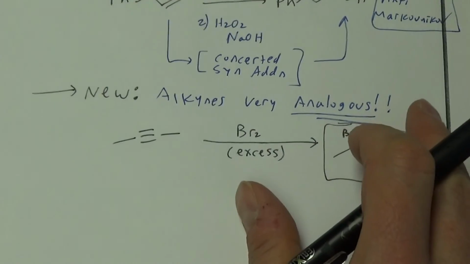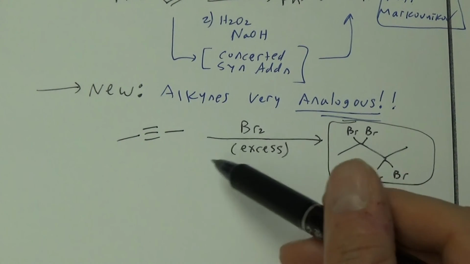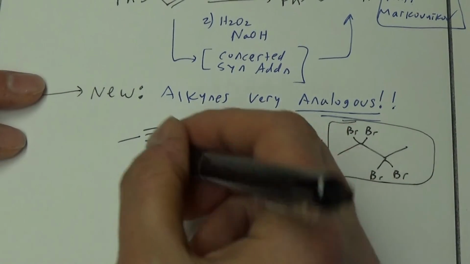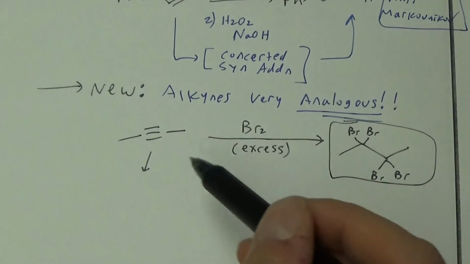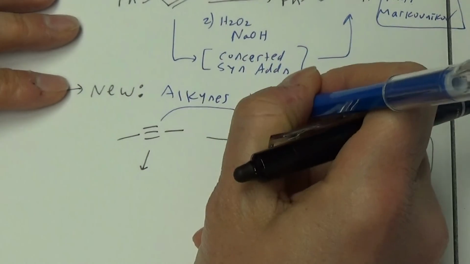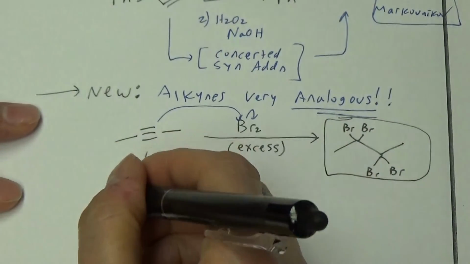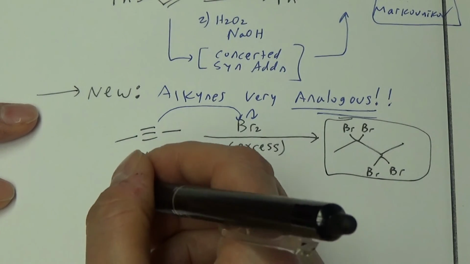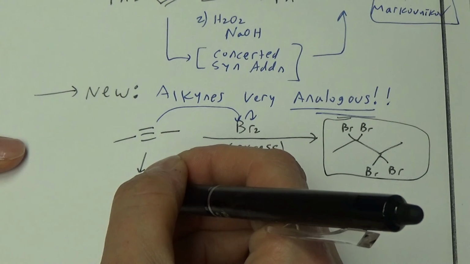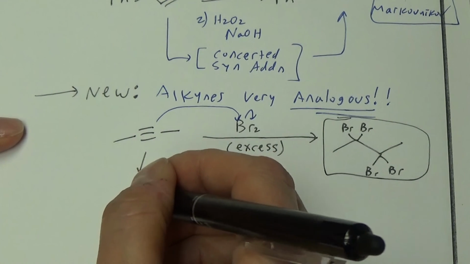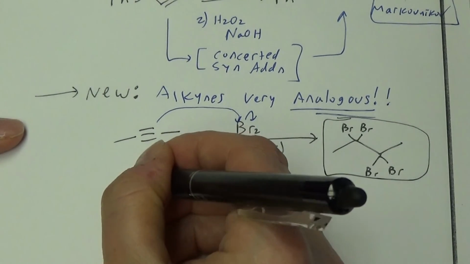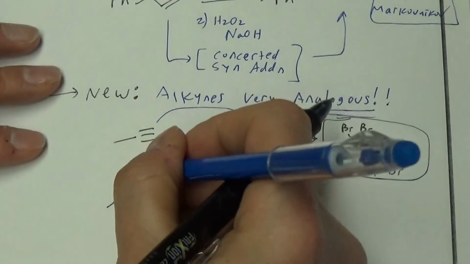And this is going to be very analogous to how we did the dibromination of an alkene. So what do you think the mechanism is? What does the alkyne do to the Br2? Just like an alkene did something to the Br2, this kind of attacks, kicks it off, and now you've got another kind of bromonium-type intermediate, Br, right?